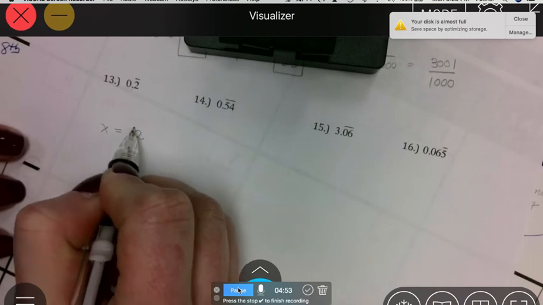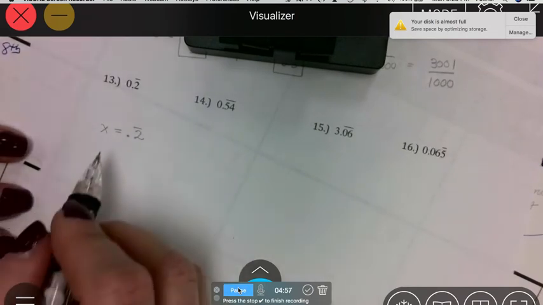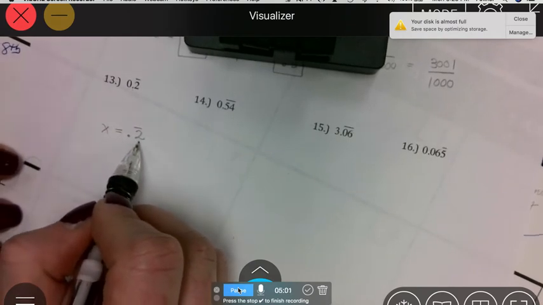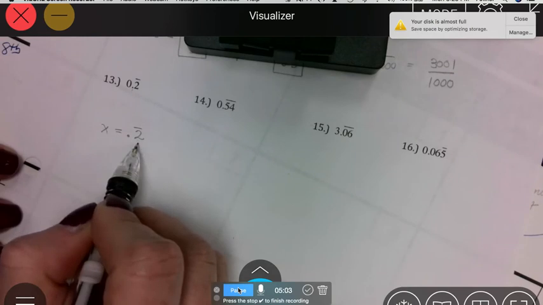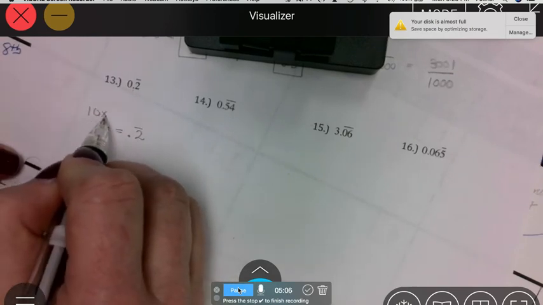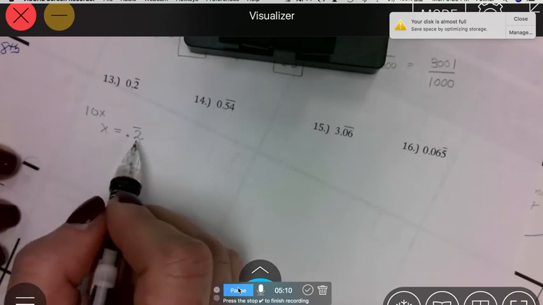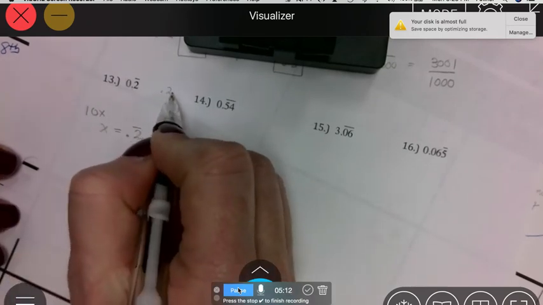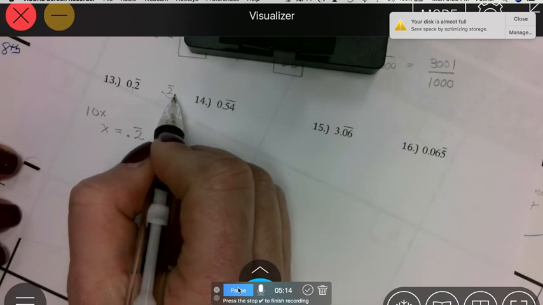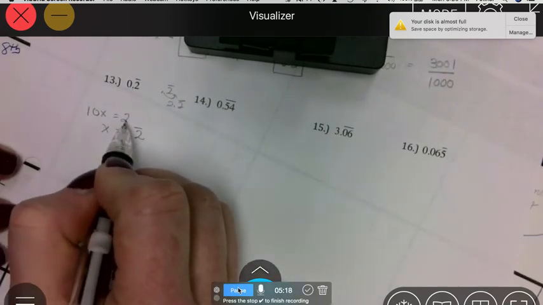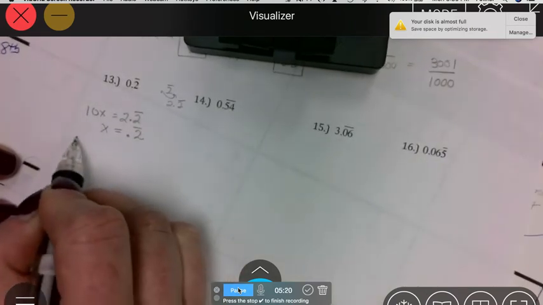We let x equal 0.2 repeating. Then, because only one digit is repeated, I'm going to multiply both sides by 10, and I'm going to put it above because that is our second equation. If you take 0.2 repeating and multiply it by 10, it just moves the decimal over, so now this is 2.2 repeating.